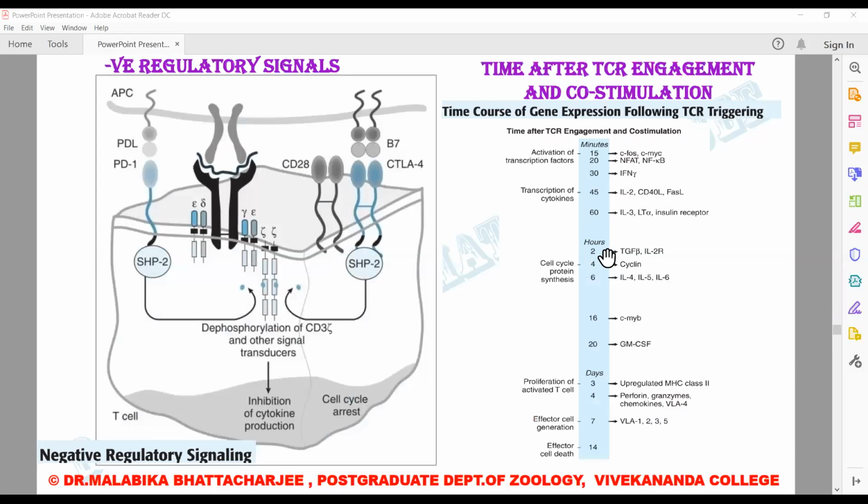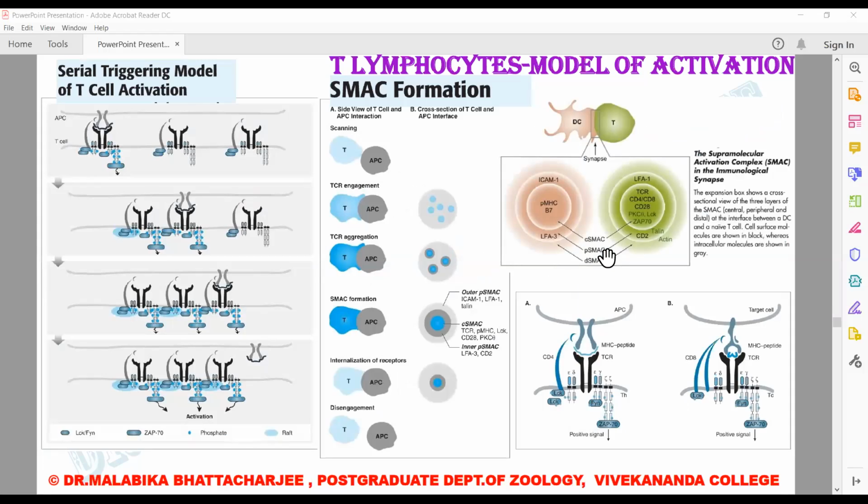And now, coming to another important aspect of T cell activation. If you remember, we just studied how the T helper cells and the T cytotoxic cells are activated via signal 1, signal 2, and signal 3.